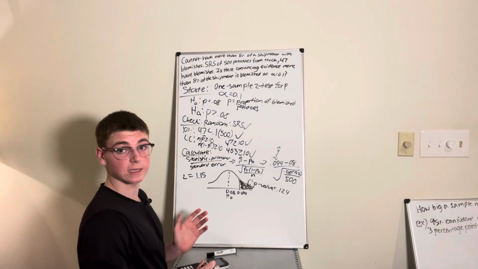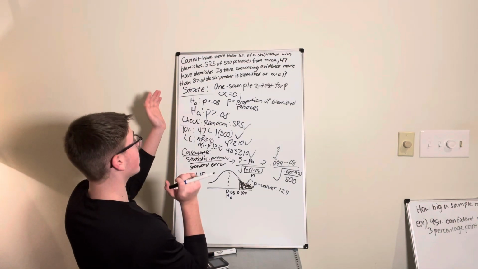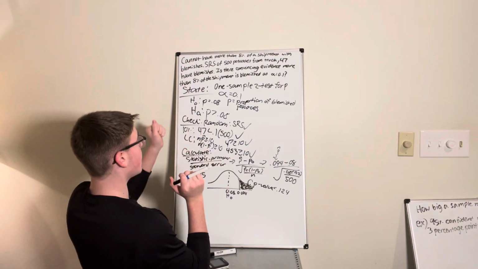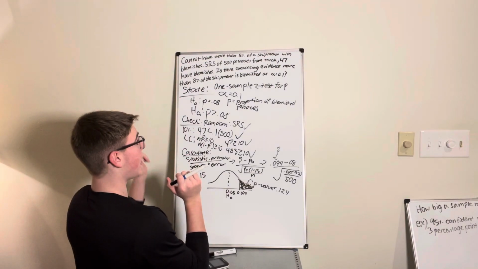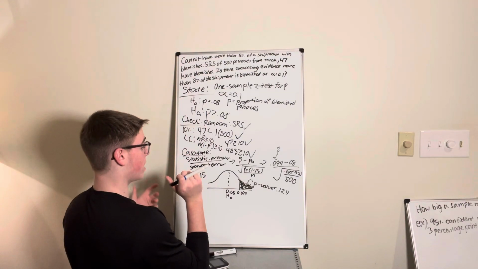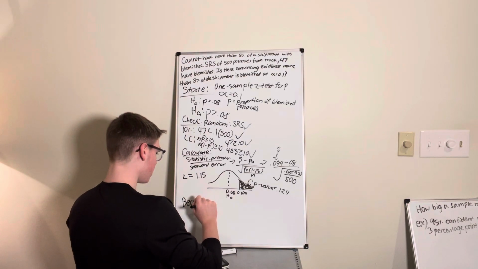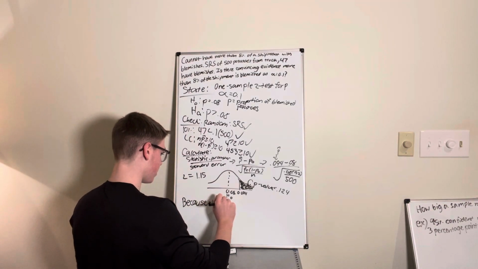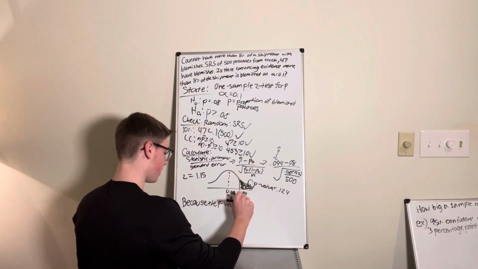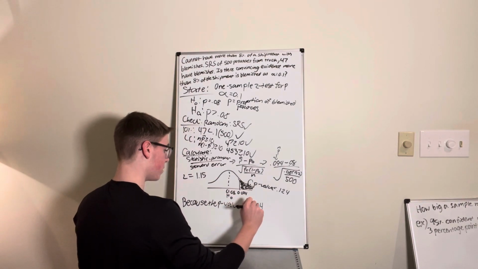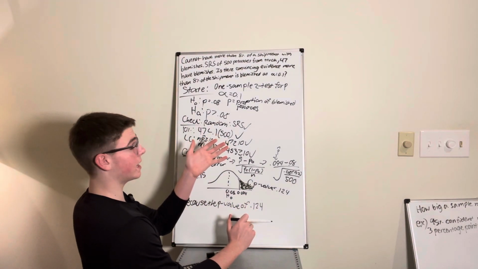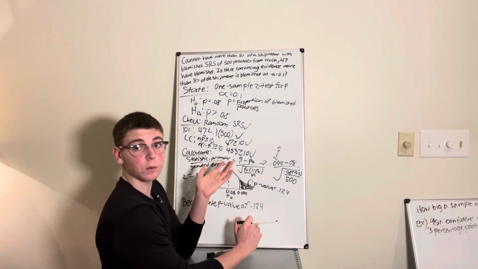Okay, and then finally, now, is it statistically significant? So the question: is there convincing evidence more than 8% of the shipment is blemished at alpha equals 0.1? Okay, so you say because the p-value of 0.124, and then we say, okay, is it less than or greater than or equal to the alpha?